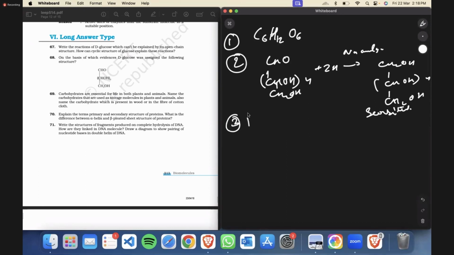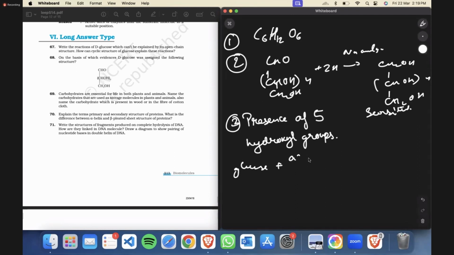Now, number third, presence of 5 hydroxyl OH groups. On acetylation with acetic anhydride, glucose will give a pentaacetate. The five hydroxyl groups will be converted to what? Acetate groups. So this will show that glucose contains five OH groups.